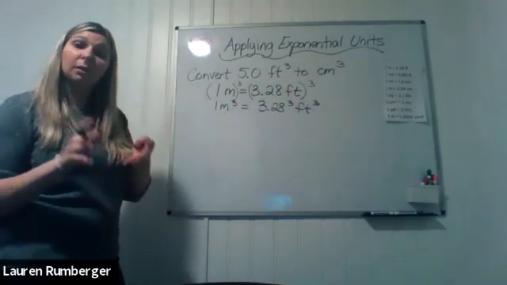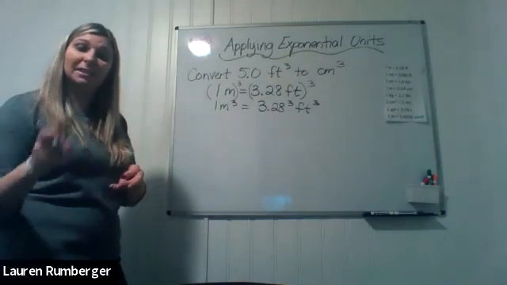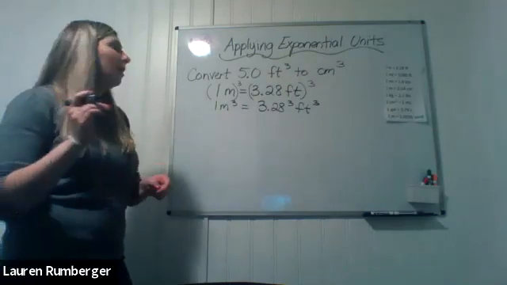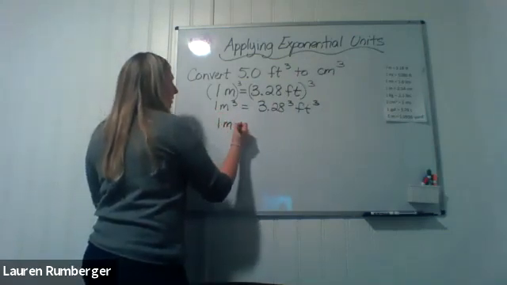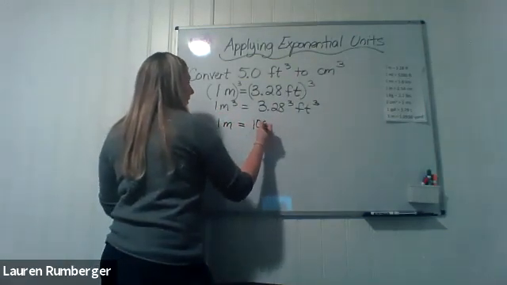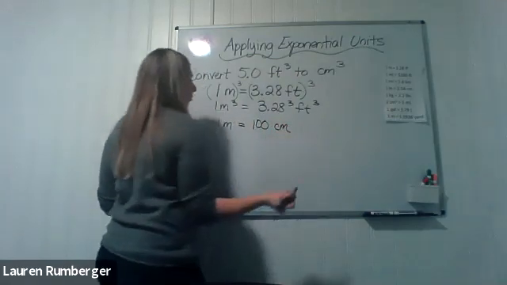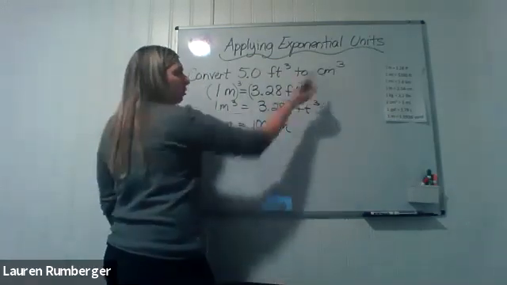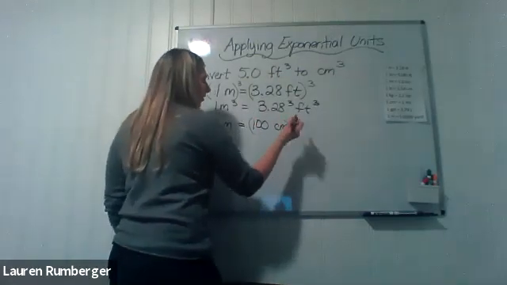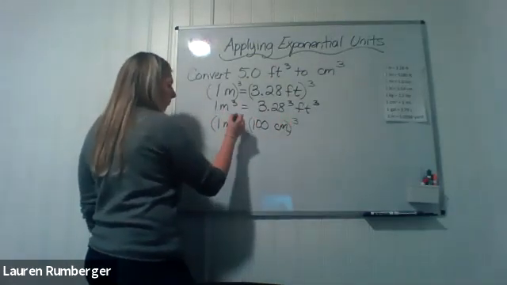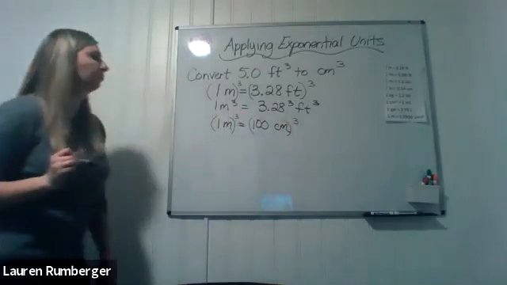Okay, so meters cubed. What do we know about the relationship between meters and centimeters? We know that 1 meter is equal to 100 centimeters. Now we have cubic units. Therefore, we must cube our equivalence.